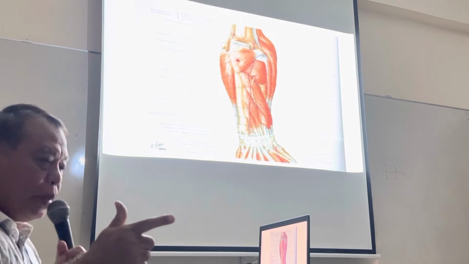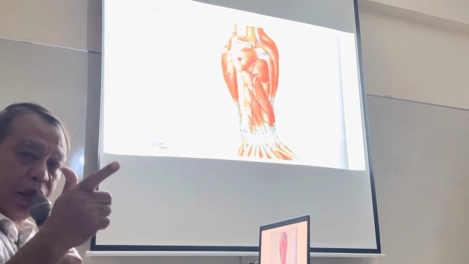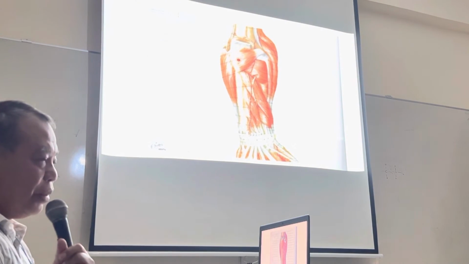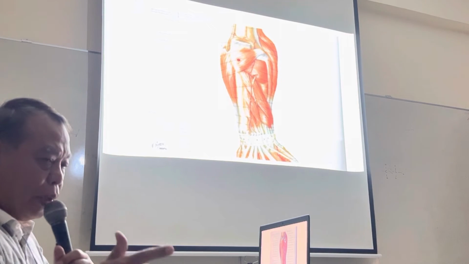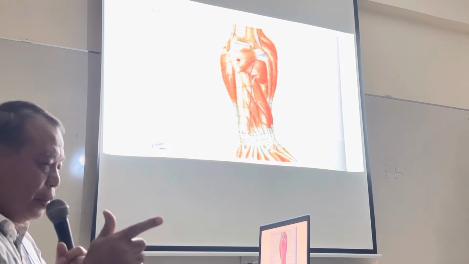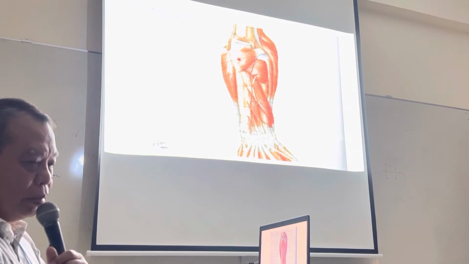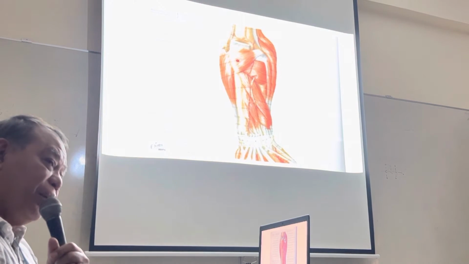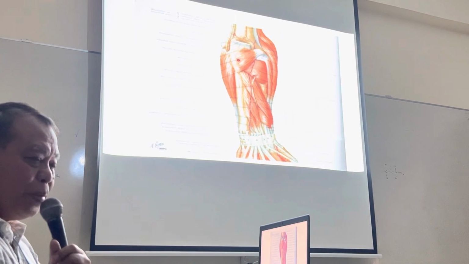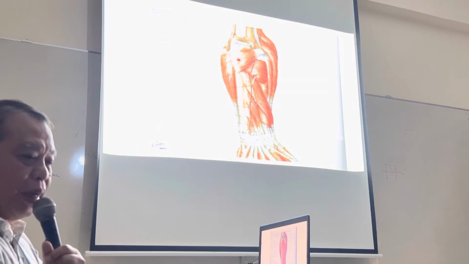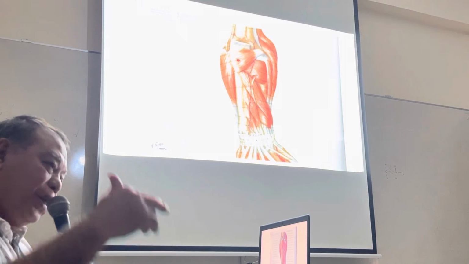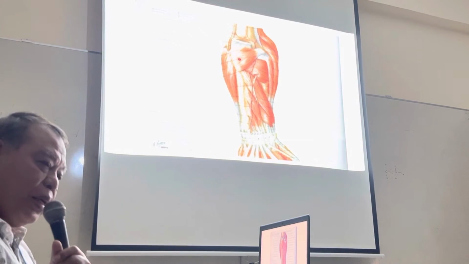And it is accompanied by an artery. What is that artery? What artery is in the arm? Brachial. The artery in the arm is the brachial artery. The brachial artery, take note, is the continuation of what artery?